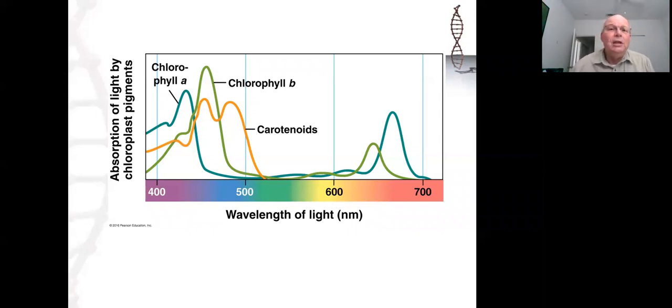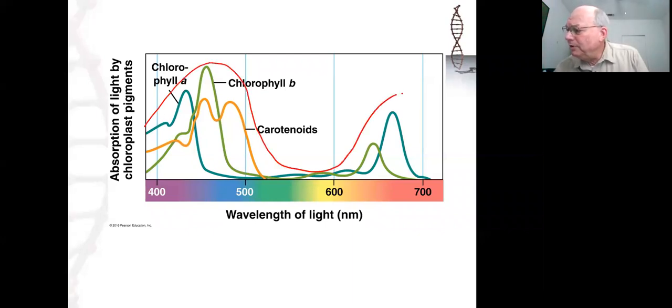But you can see, if we were to draw a line that encompassed the absorption here and the absorption here, it would look very much like Engelmann's result, the action spectrum of photosynthesis.